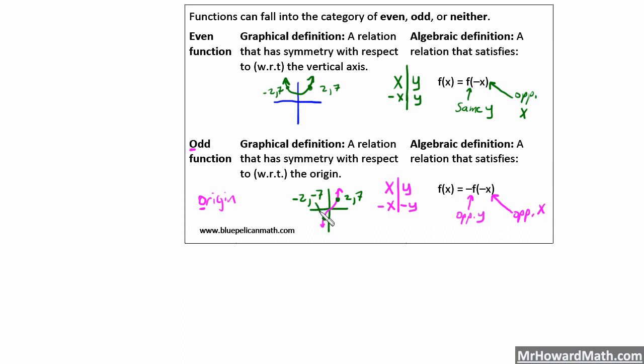Every x and y, the opposite of x is paired with the opposite of y, just like this.